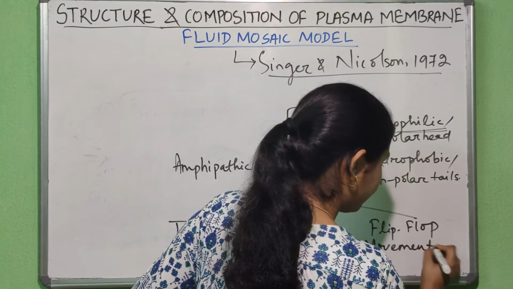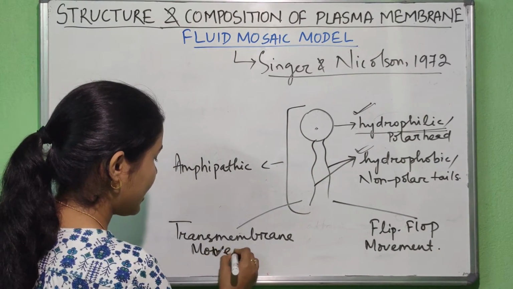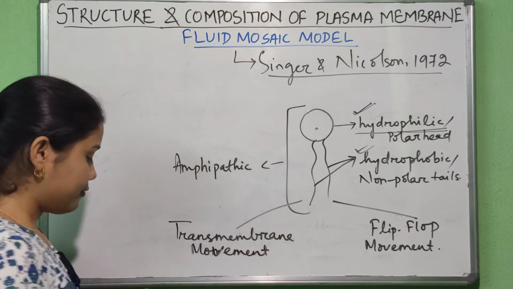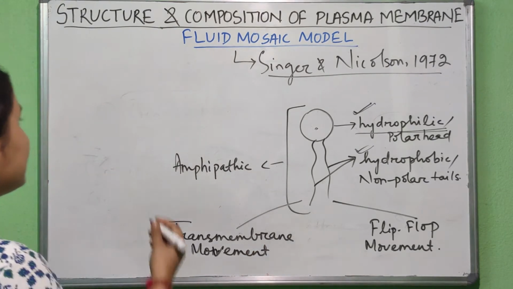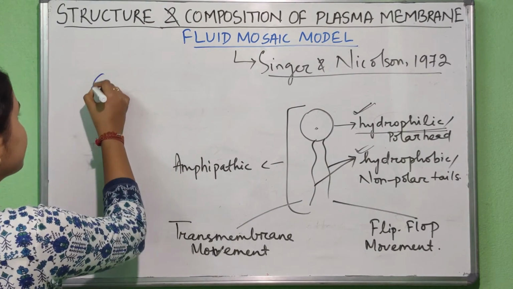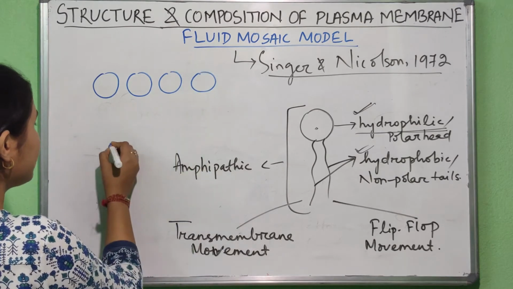First one is transmembrane movement and the other one is flip-flop movement. So consider the bilayer structure. These are lipids.